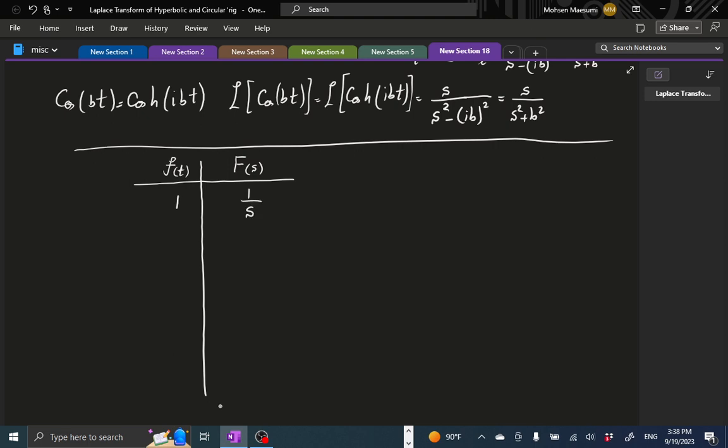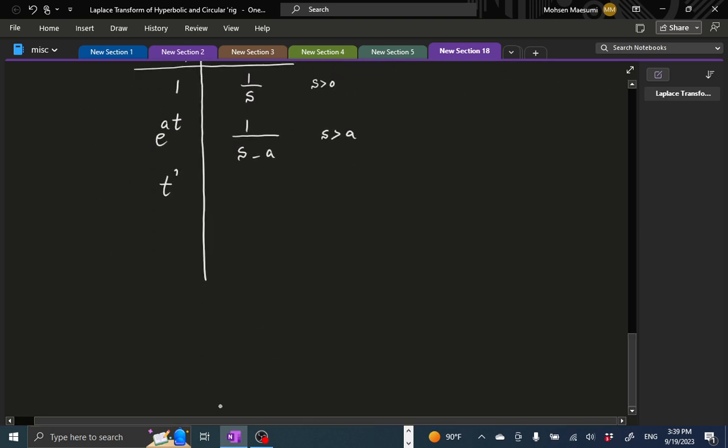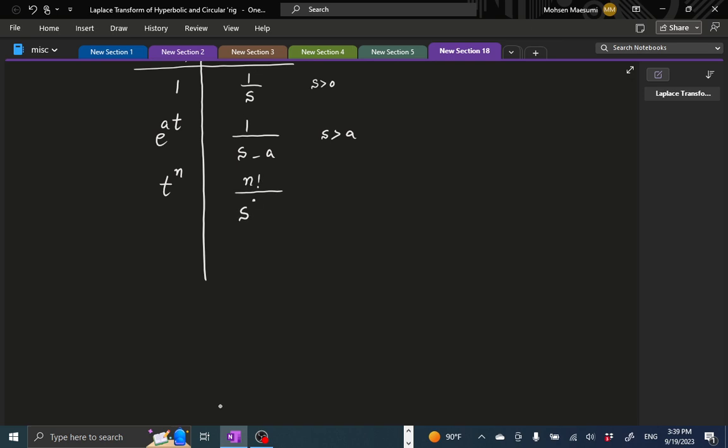You remember all of these came with a restriction, even though most often we put it aside, but they do come with a restriction. So next we had exponential of a multiple of t, and that was 1 over s minus a, and here s had to be larger than a. And then we had t to the power of n, which was n factorial over s to the power of n plus 1, and here again s is positive.